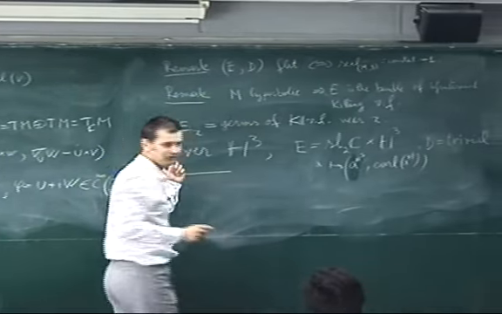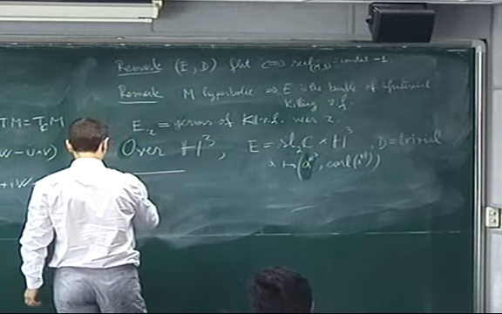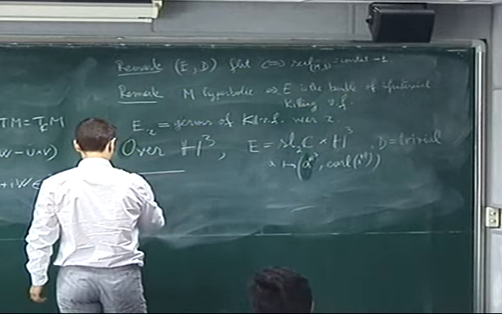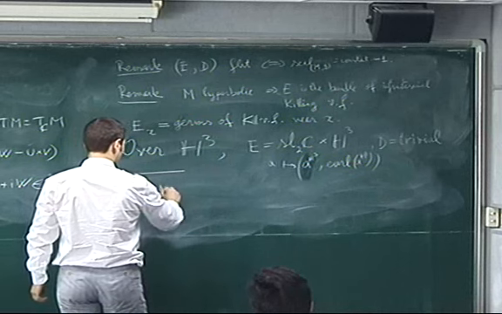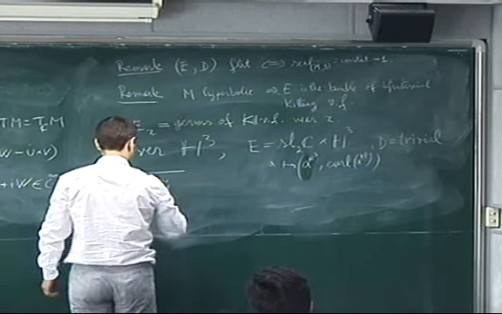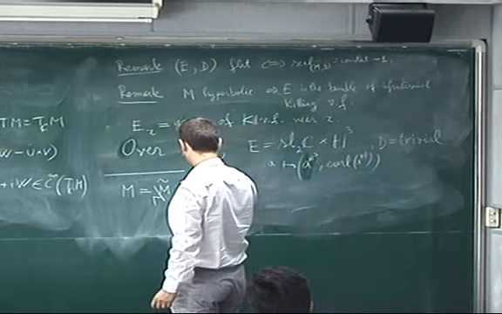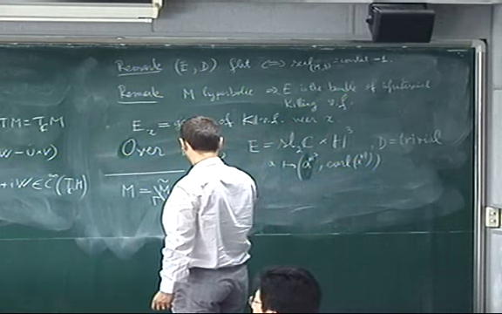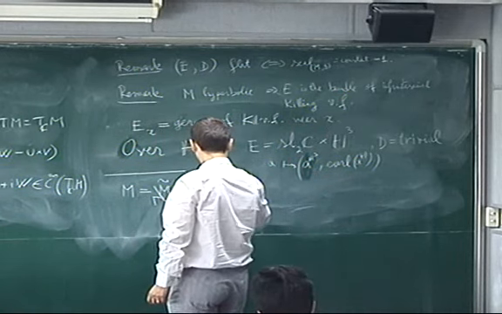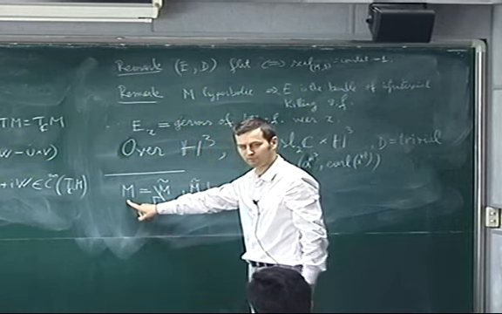Good. So using this bundle E, we are going to describe now deformations. So let's first say M is equal to M tilde mod gamma. So I start with a 3-manifold M, hyperbolic.